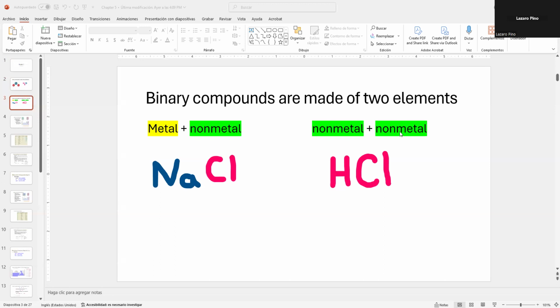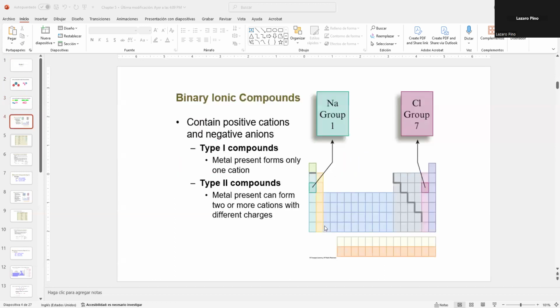In this case, which one is the first element that we write? We write first the element that is to the left in the periodic table. Remember that we have two cases: metal plus non-metal and non-metal plus non-metal.